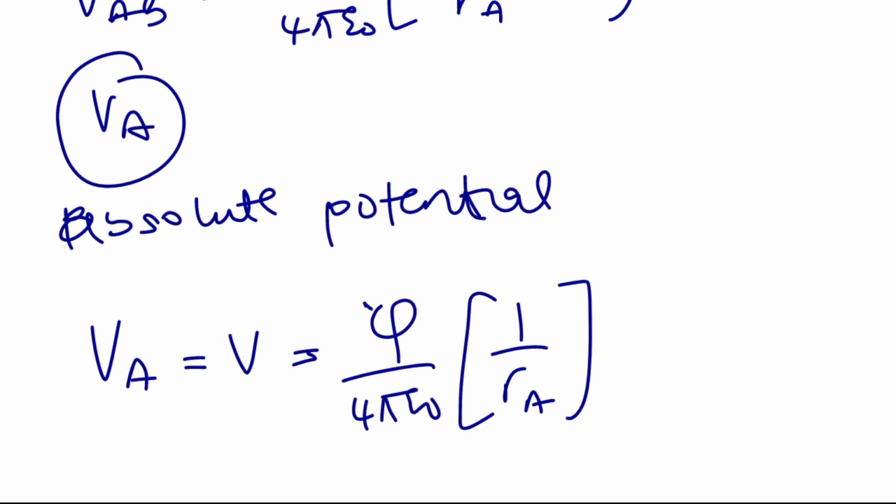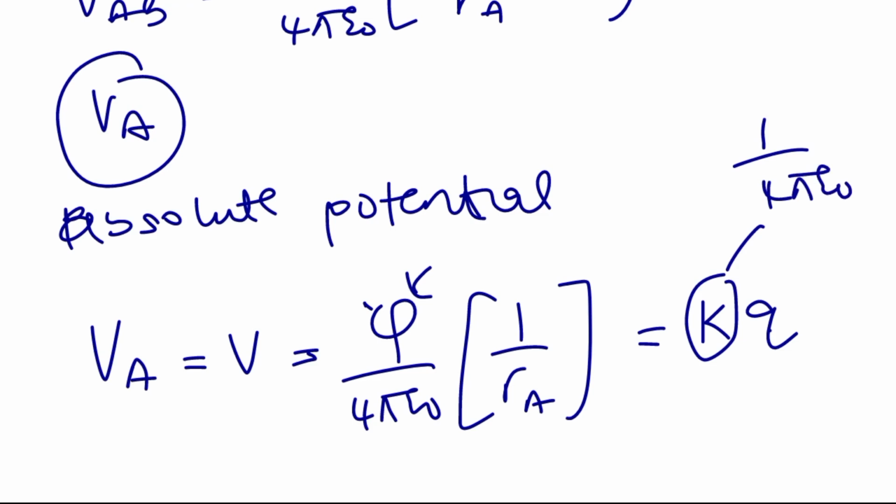We can change this as becoming K, because we know the idea about this, K, which is a constant. Then we have Q, which is this charge here. 1 over 4 pi epsilon naught is K, which means this K is 1 over 4 pi epsilon naught.